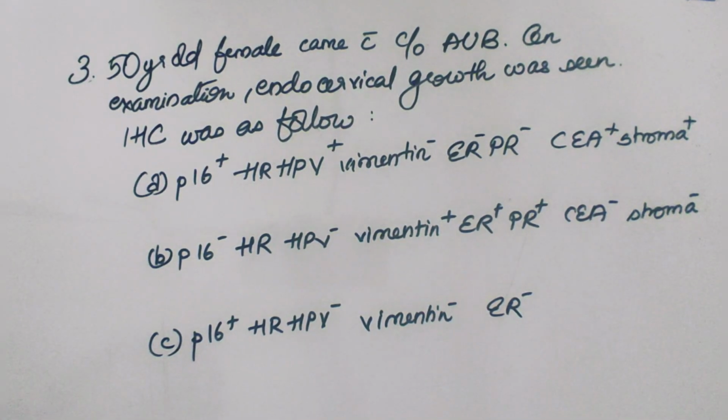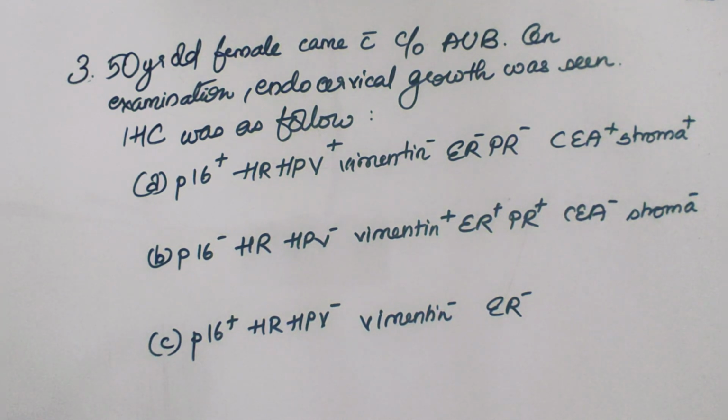So the third question is, a 50-year-old female came with complaints of abnormal uterine bleeding, and on examination there was an endocervical growth. Surgery was done, and then the IHC was done as below. So you have to tell me which is the tumor in each scenario. If the tumor was P16 high risk HPV positive, Vimentin negative, ER-PR negative, CEA positive, and stroma, what would it be?